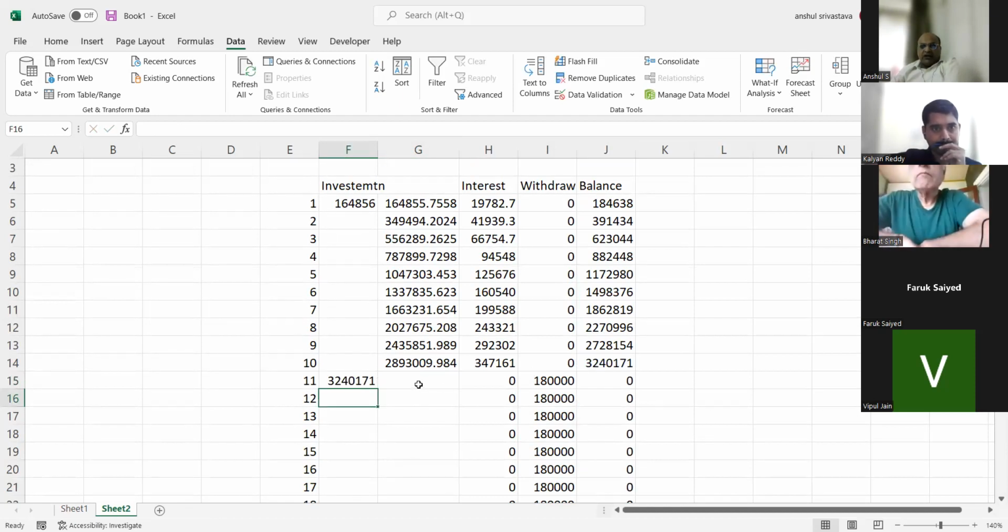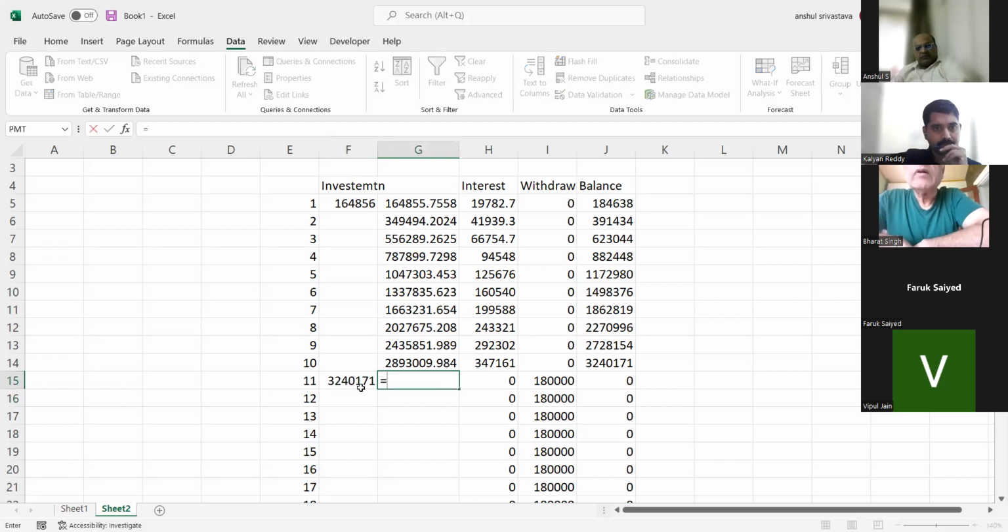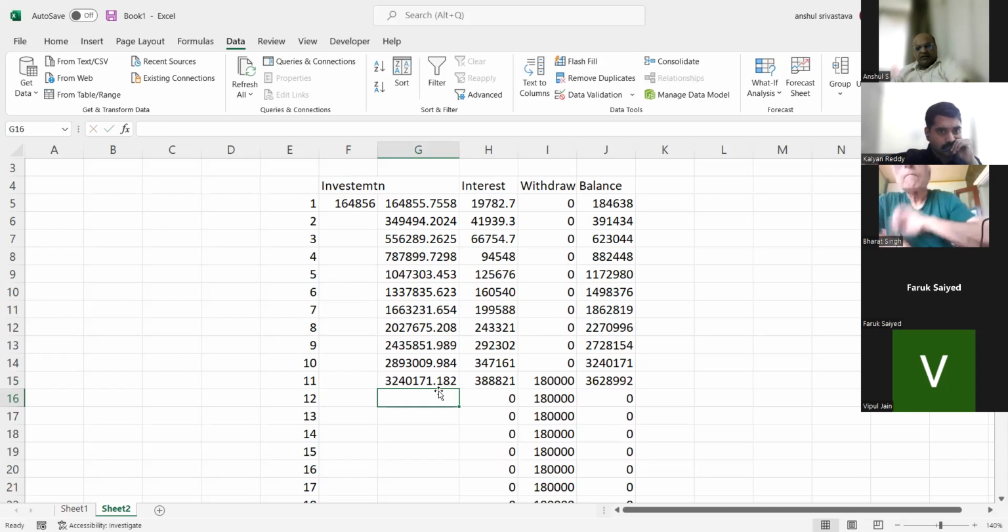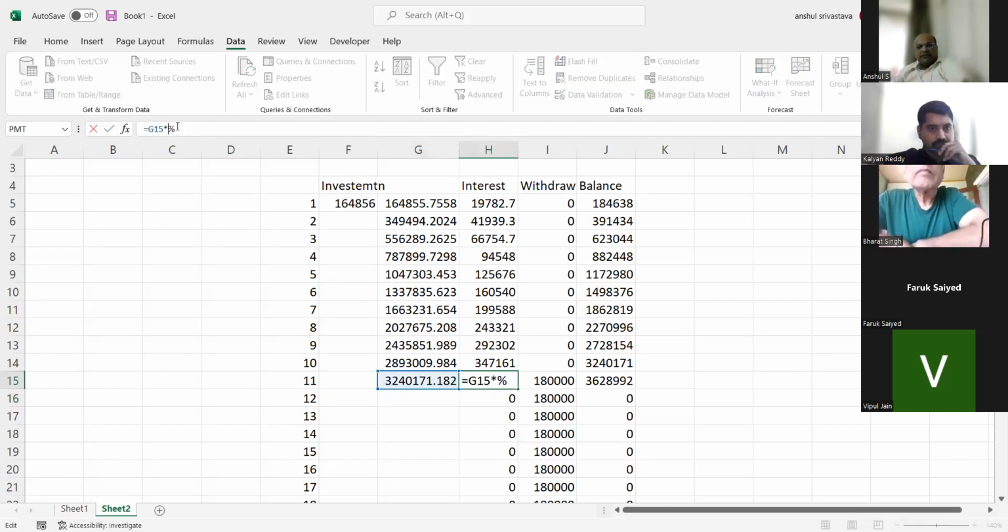Now on this, 8% interest will keep coming. The new interest would be 8%, no? So investment will be 0 actually. The new column would be only balance, and this 12% will change to 8%.